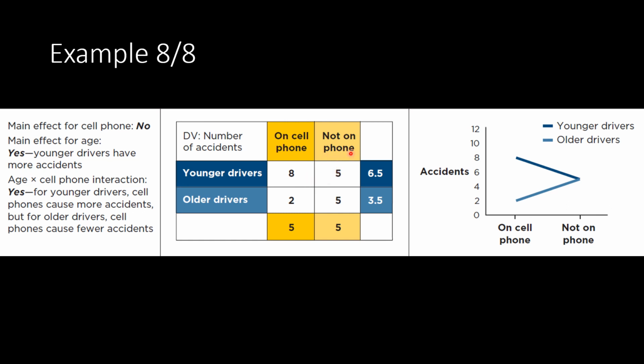Because let's say I also wanted to know about whether this was taking place in an urban area or a rural area as my third factor. And so what I would do is I would look at, okay, younger and older drivers and how they use their cell phones in a rural area, and then I would make a whole other table exactly like this, except for an urban area. And so again, you can just see that visually it becomes very difficult very quickly to represent higher order factorial designs.